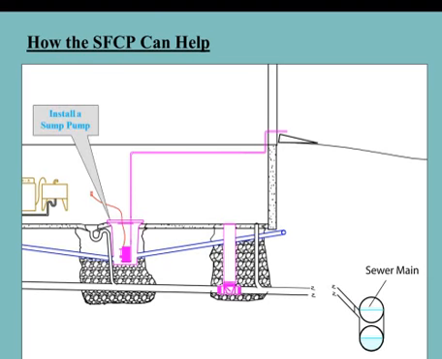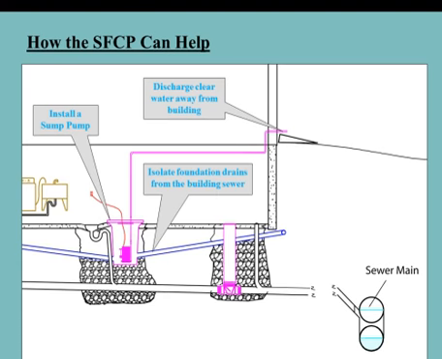So we'll put in a sump pump, and that gets piped to outside onto your yard, away from the foundation wall. We'll separate the clear water from the sanitary waste and install a backwater valve.